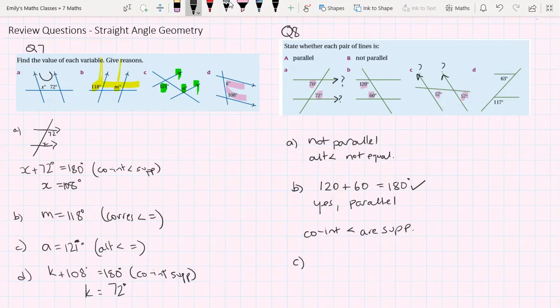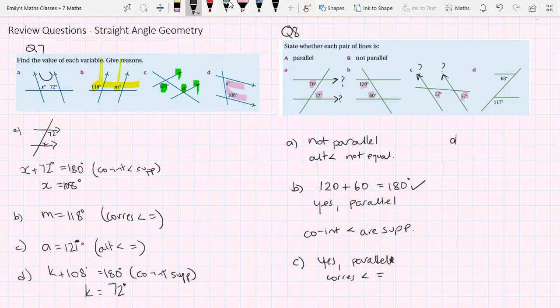Are they equal? Yes. So, yes, parallel. Why? Because the corresponding angles are equal. Oh, hang on, I just realised I did a spelling mistake there. Fix that up. So that's C.